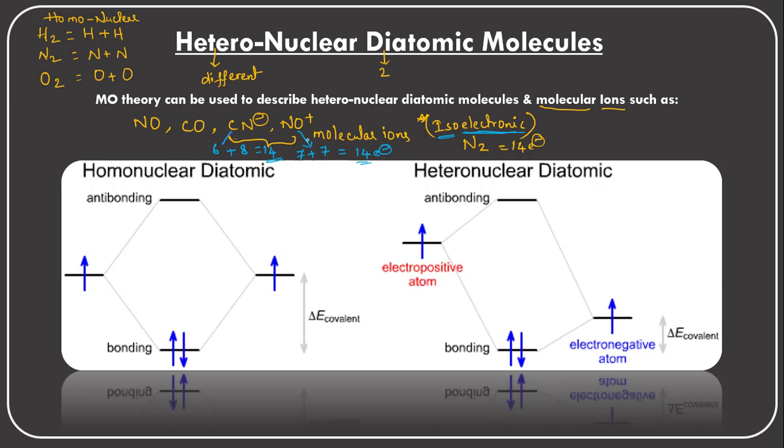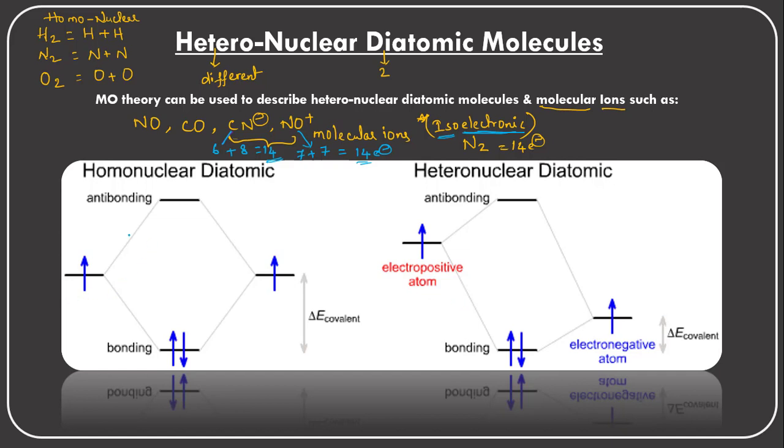This is the heteronuclear diatomic molecule, and this is the homonuclear diatomic molecule. Now let us see what the difference is in the molecular orbital energy level diagram. The main difference takes place between the homonuclear molecules and heteronuclear diatomic molecules.